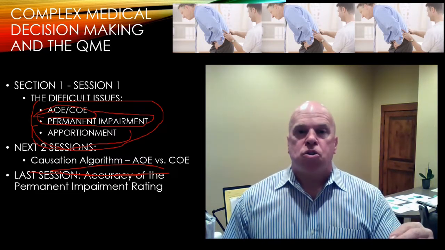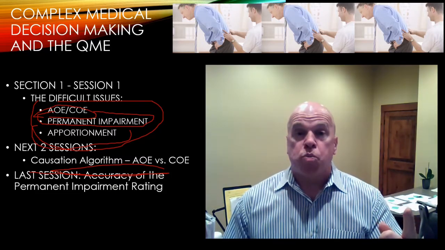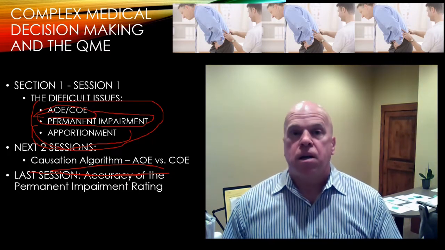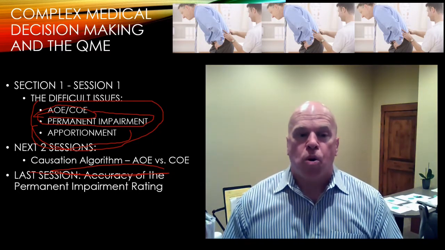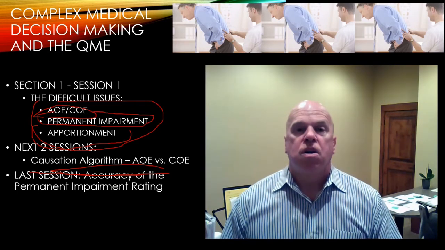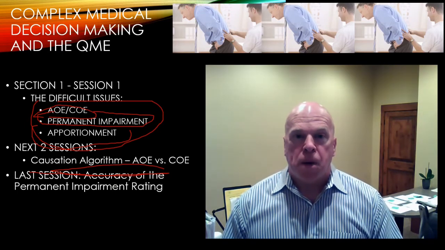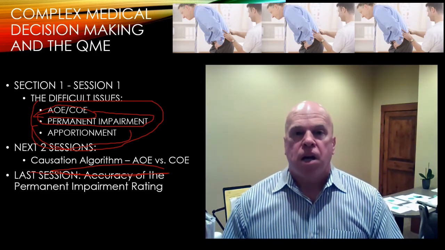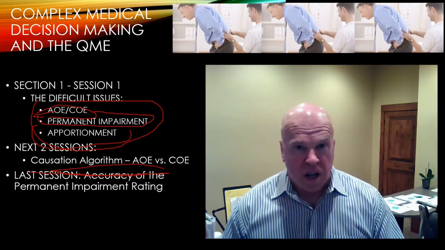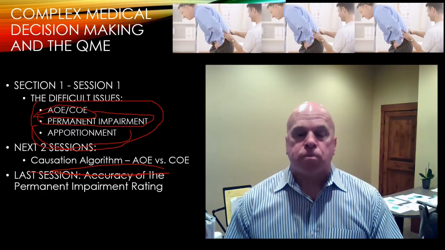So we began to shift gears from section 1 of this program, which dealt specifically with AOE-COE, and in the second part of this program, we want to discuss the accuracy of the permanent impairment rating, and we began that discussion in our last session. And we're going to continue that discussion in today's session as well.